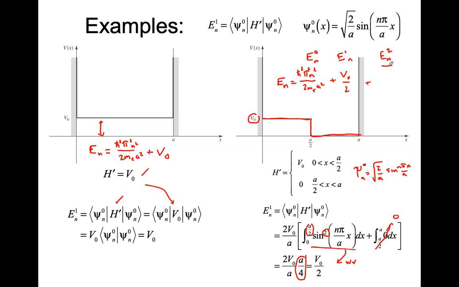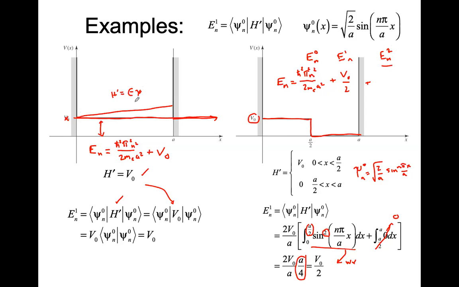By the way, the tutorial has us do neither of these two. Let's pretend this is the x-axis right here, just so I can redraw what the tutorial has us do. It has the perturbation being a linear function right here. So H prime is equal to some slope, call it epsilon, times x.